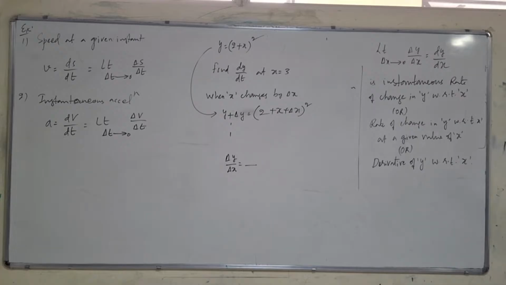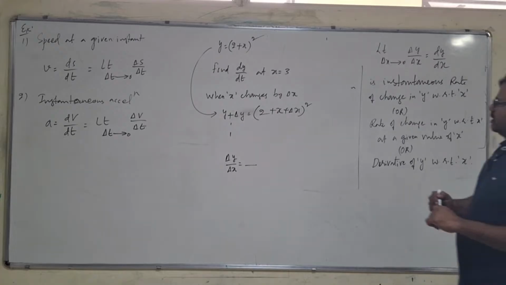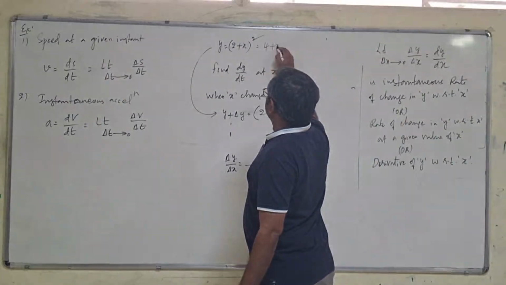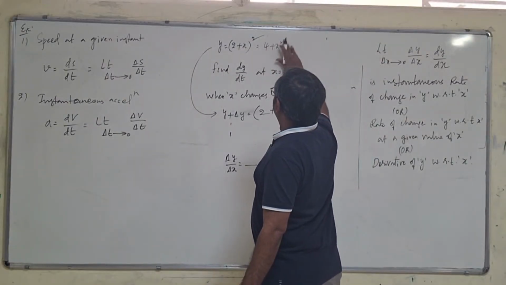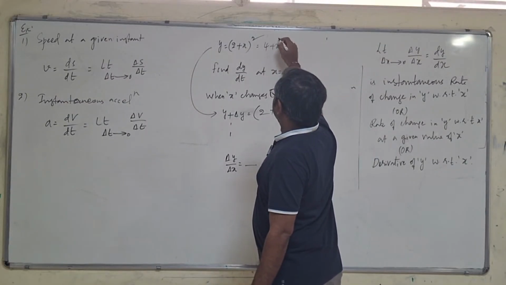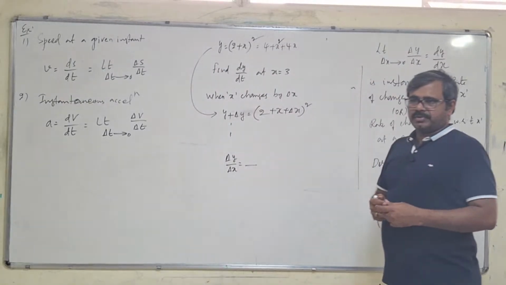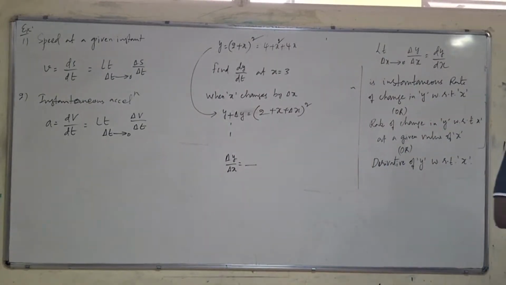Simplify this, expand it. Okay, expand also this: 4 plus x square plus 4x. Is it? Certain terms get cancelled. Get delta y by delta x.